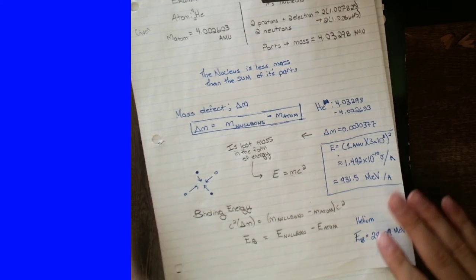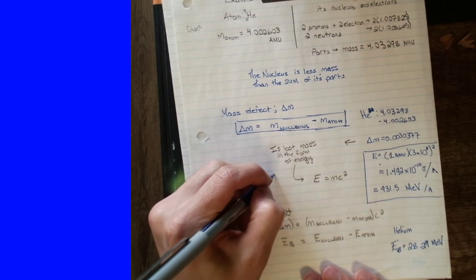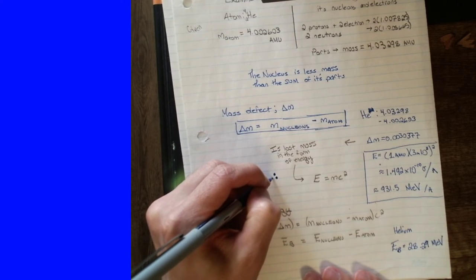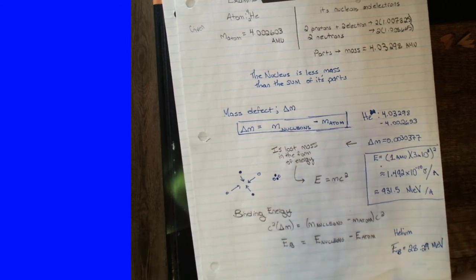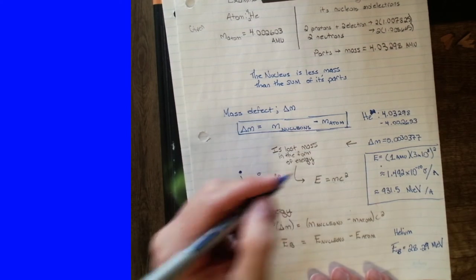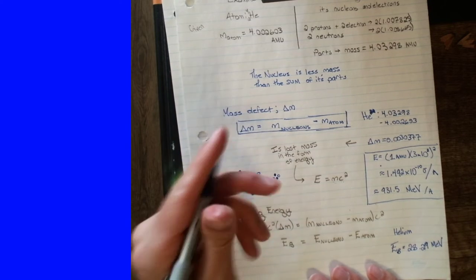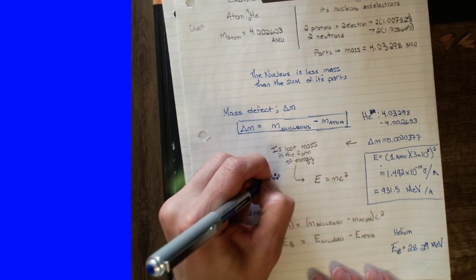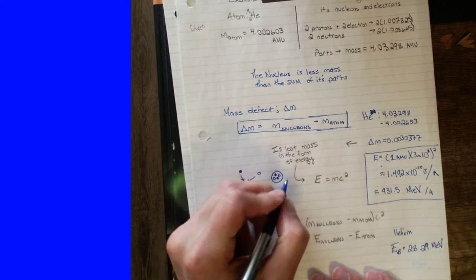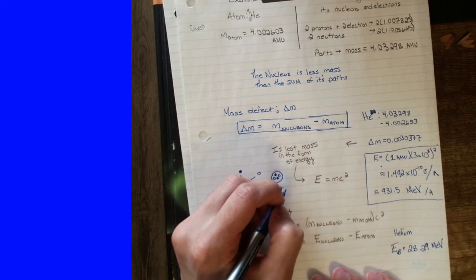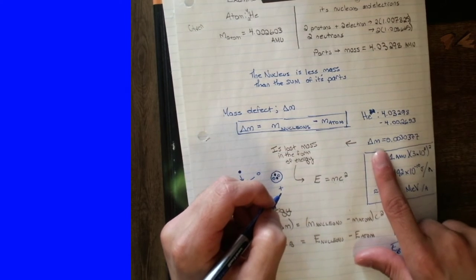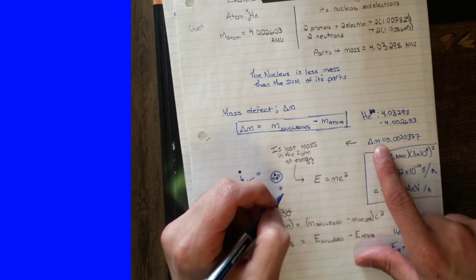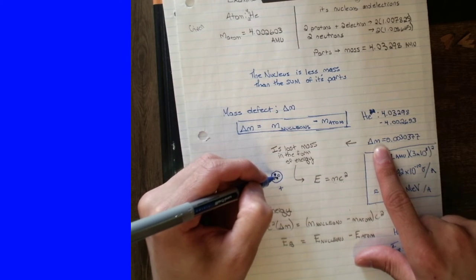So there seems to be this idea that if I bring together nucleons, the energy changes, the mass changes, and in fact, when I bring them together, I get the nucleus that I have, plus I get some mass somewhere else, but it's not here in the nucleus.